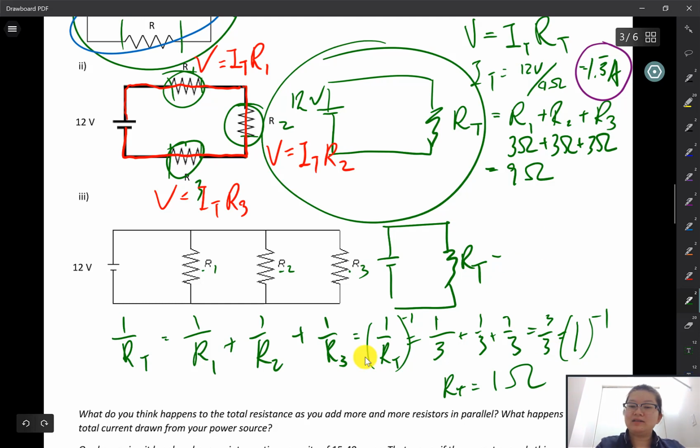Interesting, because you might have noticed the equivalent resistance in our parallel circuitry is less than the resistance of the resistors put in series. You're thinking, interesting. Well, imagine you're trying to go to work and there are multiple ways you can go.